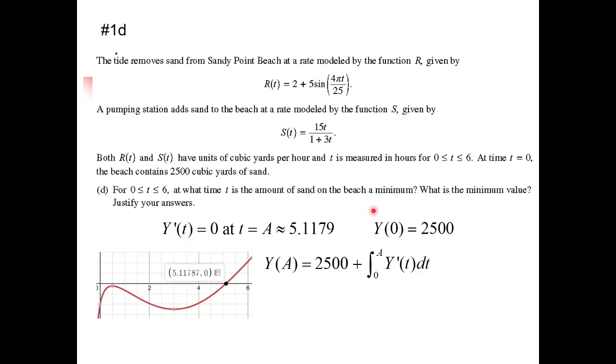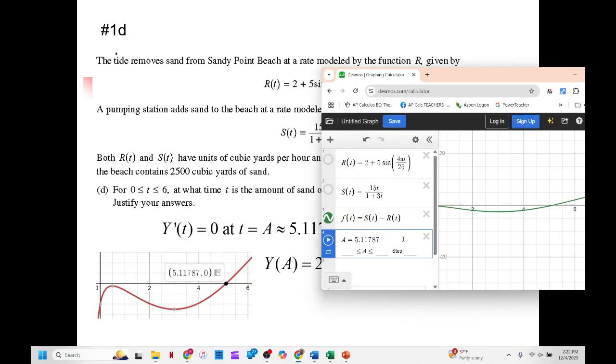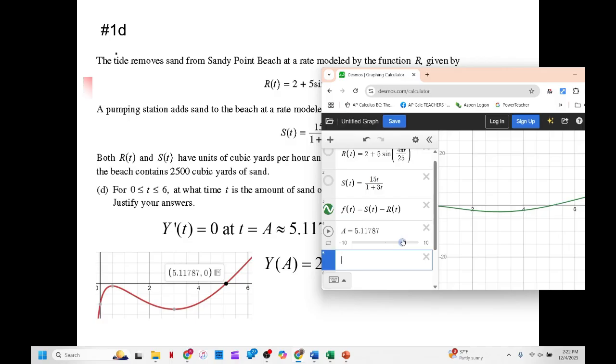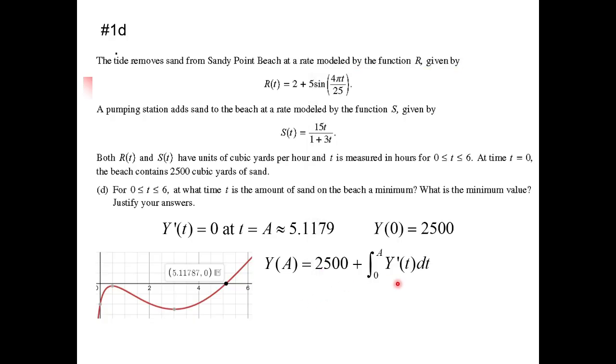I actually have y prime defined as f, so I'm just going to do f of t dt, and that comes out to 2,492.369. We'll compare it to some other values in a moment.